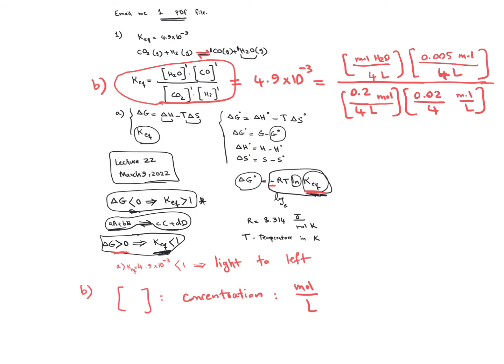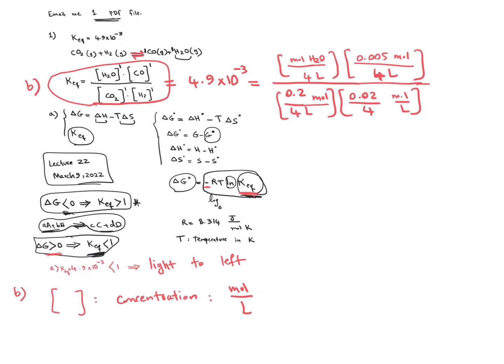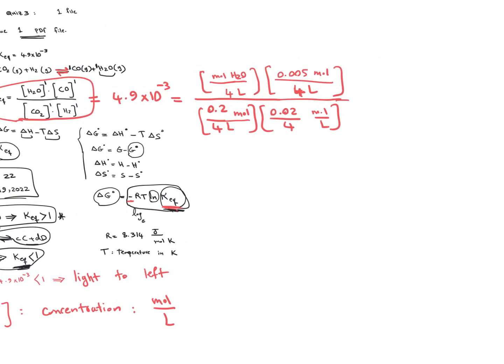You're welcome to divide everything, but one easier way to solve this is to simplify. These 4s and these liters cancel out. And the same thing with the other units. I just put here X as the number, but the units, moles, would cancel out, you see.